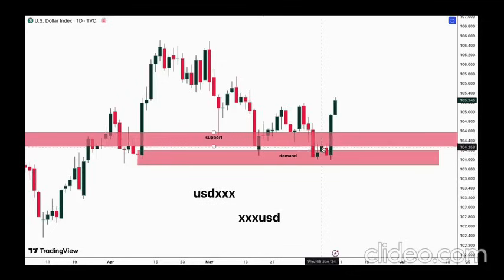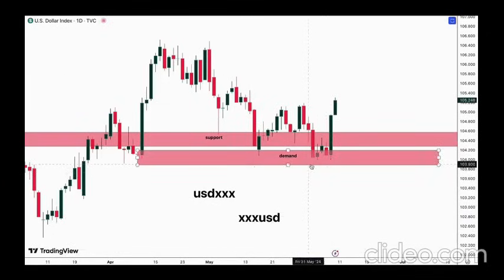But in the same scenario, if the DXY is moving up, then all pairs that do not start with USD but end with USD, like EURUSD or GBPUSD, will adopt a negative move, going against the DXY. If the DXY is going up, then that pair will go down. So if this is EURUSD and the DXY is moving upward, then EURUSD will go downward.